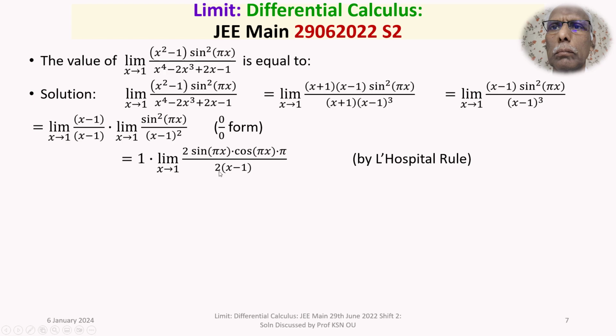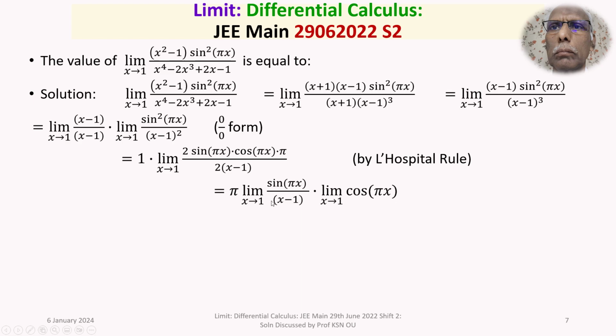Now 2 cancels and pi will come out as a constant. Limit as x tends to 1 of sine pi x by (x minus 1) into limit as x tends to 1 of cos pi x. The limit of the product is equal to the product of the limits. The limit as x tends to 1 of cos pi x is cos pi only, just substitute, because cos pi x is a continuous function.